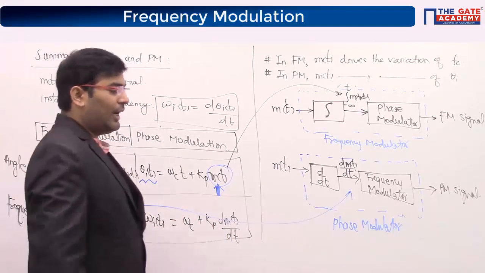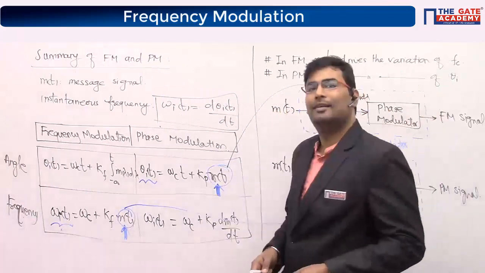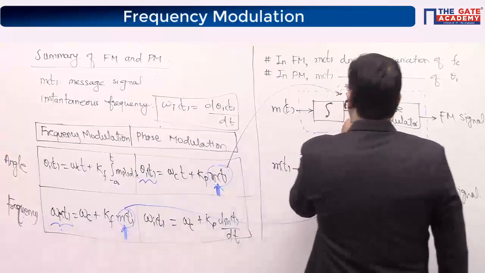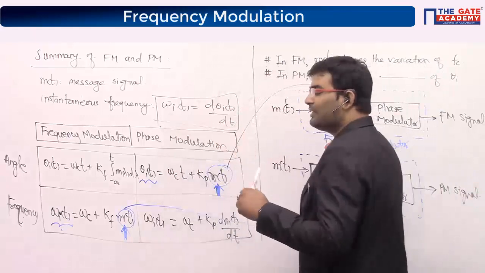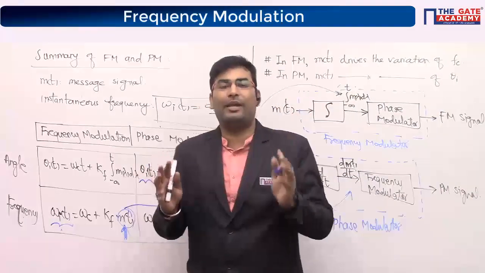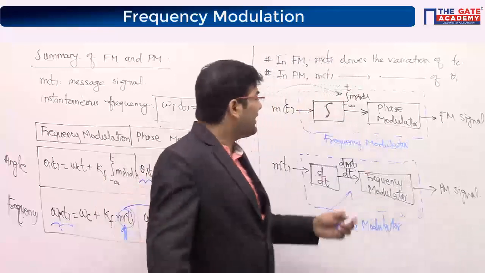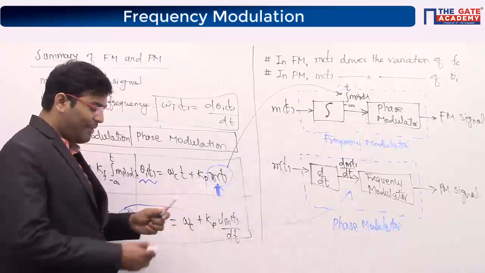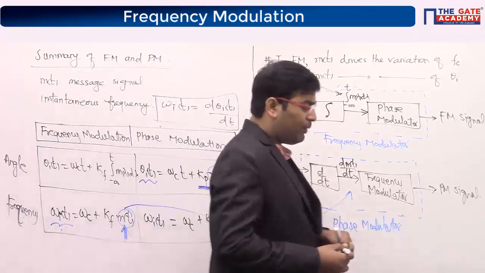Now my question to you guys: to make this happen, what is the assumption? If you replace this just with this, you will get the integral, but the equation says A c cos of omega c t plus 2 pi k f. So that k p which you are getting from here has to be replaced by 2 pi k f.